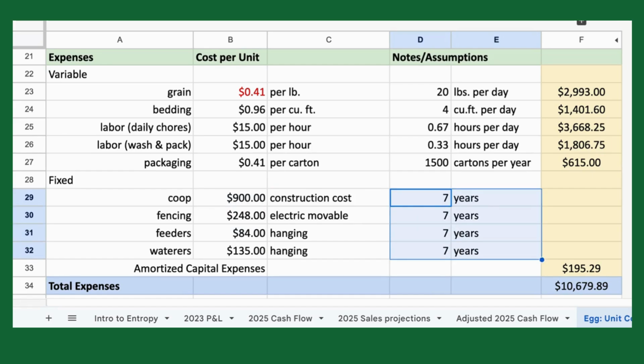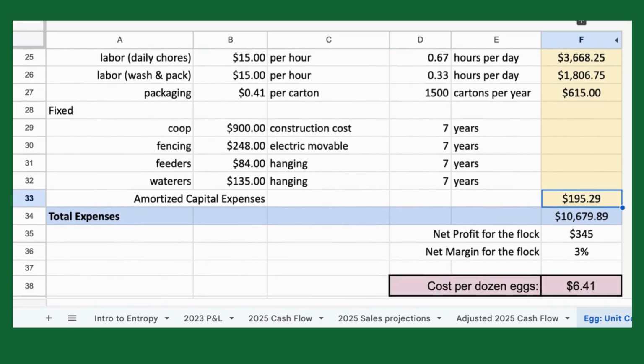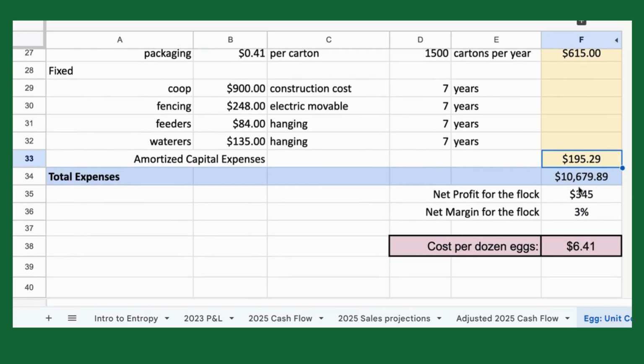Add them all up, divide by 7 for a depreciation cost each year of around $195. And those fixed costs are added to the variable costs. So we see their annual expense budget being $10,600. And finally, at the bottom, you see that gives them a $345 profit, about 3% margin.